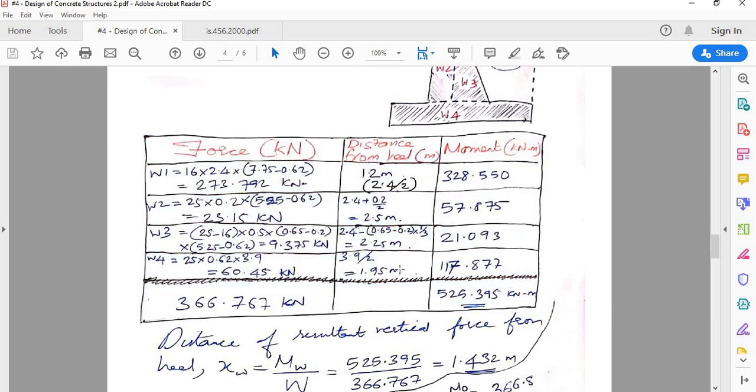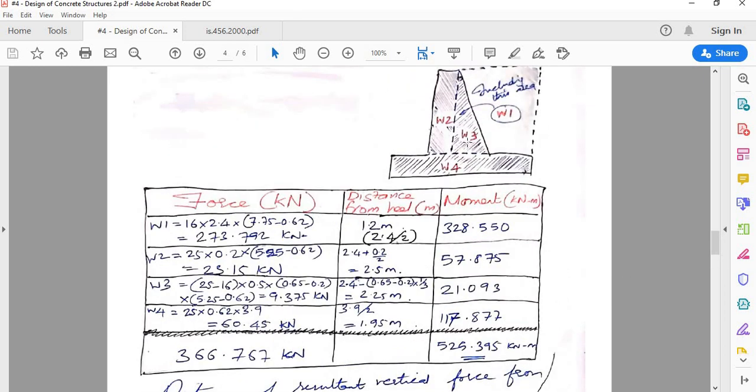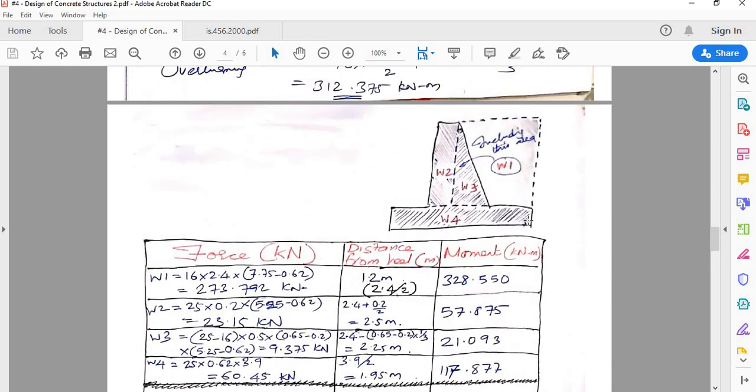This also was discussed in the last lecture. Based on this we get the total moment, which is the total moment of all the restoring forces about the heel.